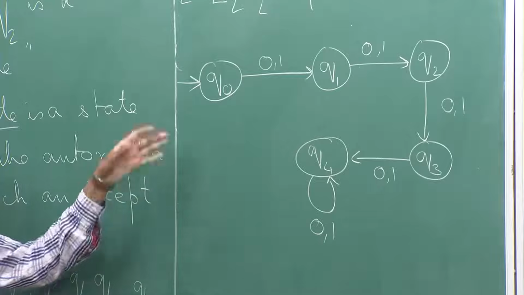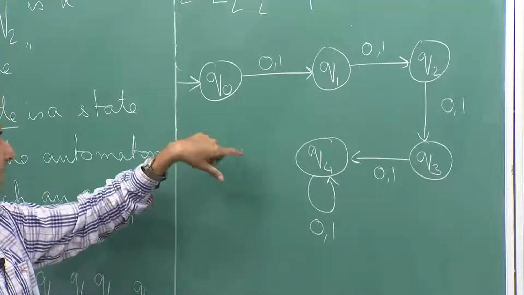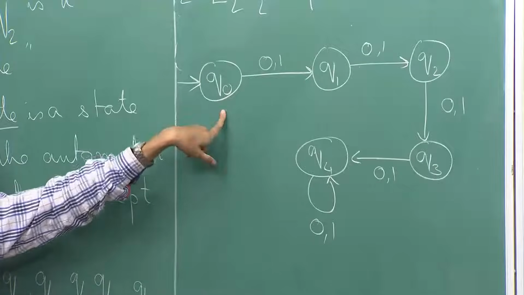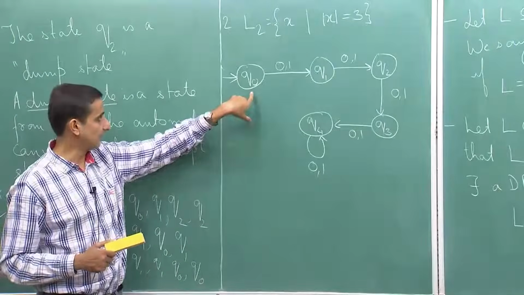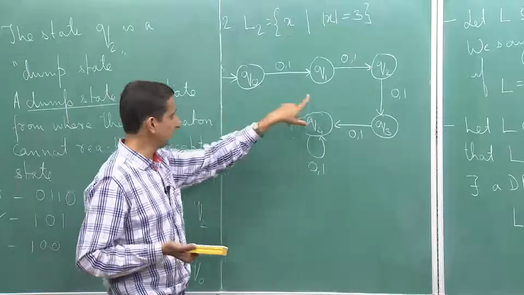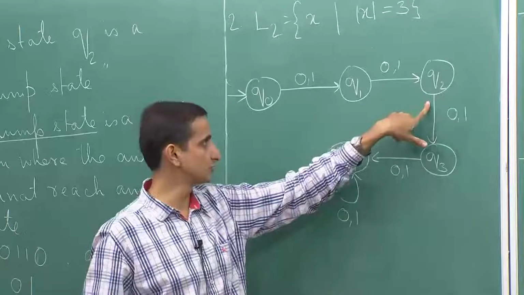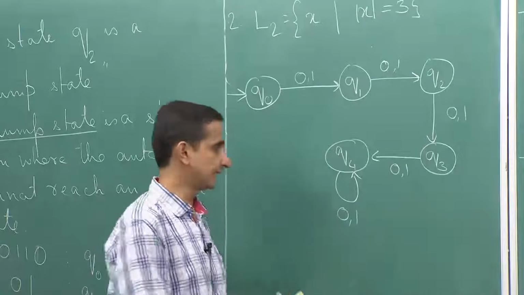So, what is my accept state in this case? The state q0 corresponds to all those strings that have length 0, which is actually only the empty string epsilon. q1 corresponds to those strings that have length 1, q2 corresponds to those strings that have length 2, and q3 corresponds to those strings that have length 3.